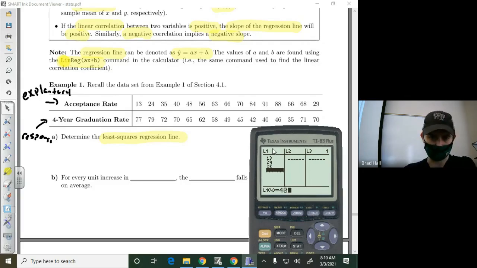And so let's keep going. 40, 48, I'll go ahead and type in the rest of these. With those, I can go ahead and type in the 4-year graduation rate as well.